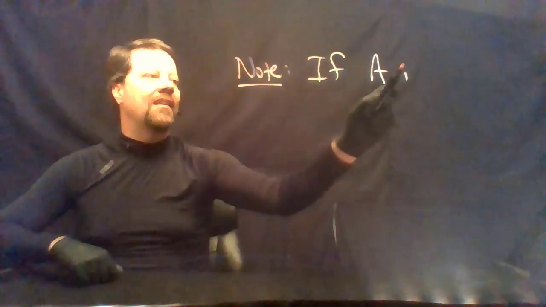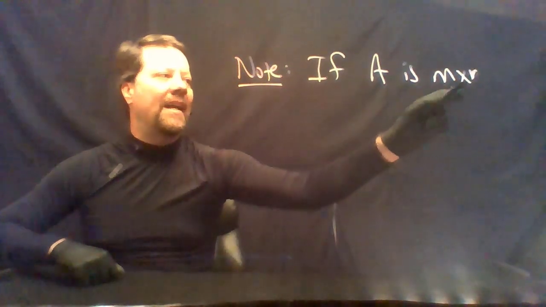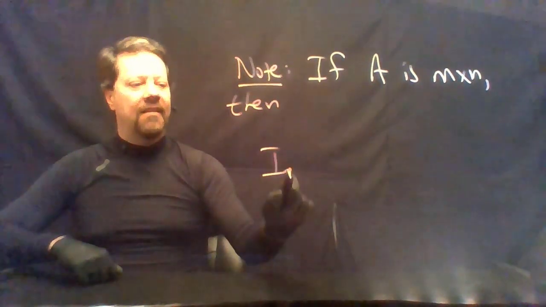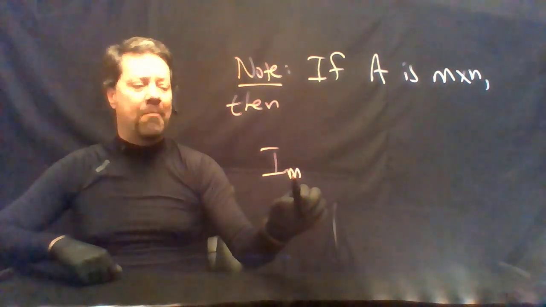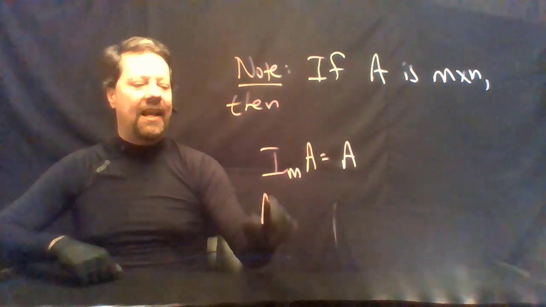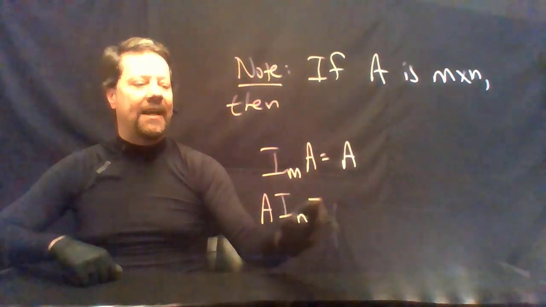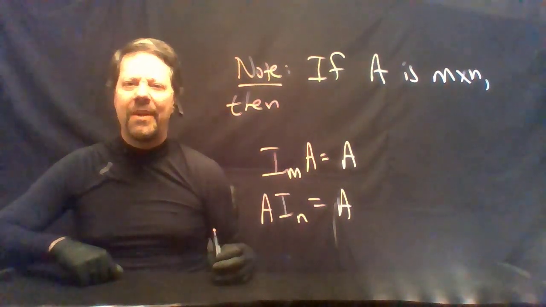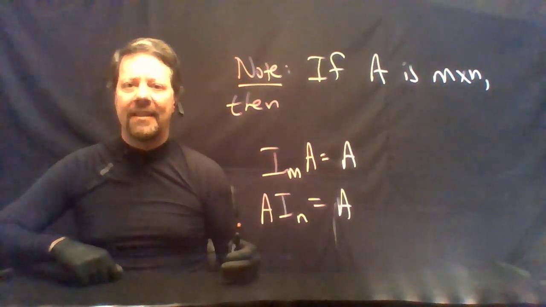Note, if A is m by n, then the m by m identity matrix times A gives you A, and A times the n by n identity matrix also gives you A. Why do we use this word identity?